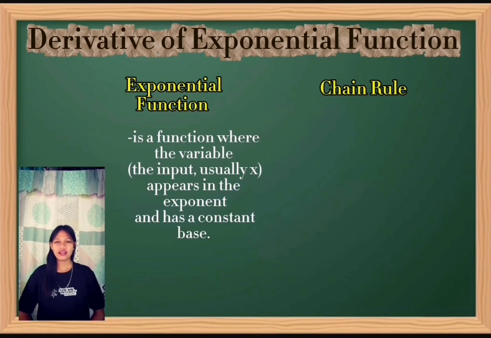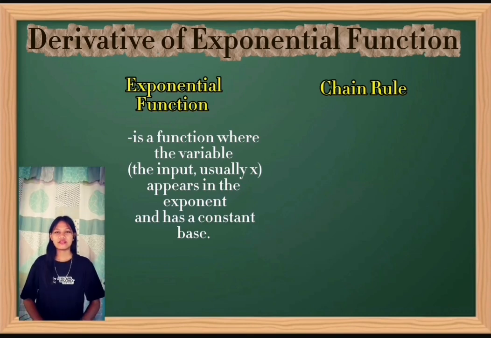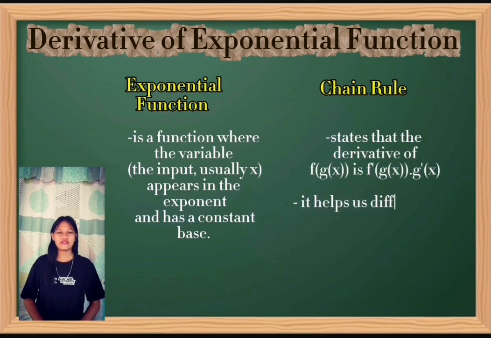When you see a function where the variable is in the exponent and has a constant base, that's an exponential function. The chain rule states that the derivative of f of g of x is equal to f prime of g of x times g prime of x. In other words, it helps us to differentiate a composite function.